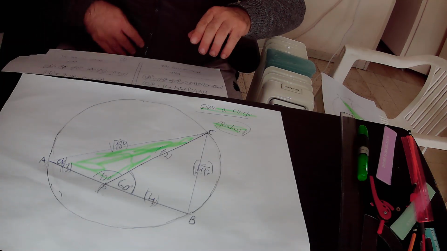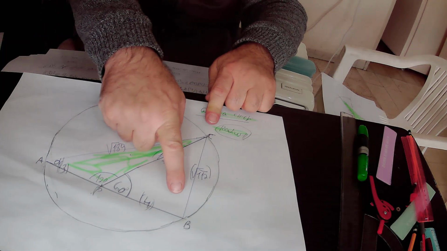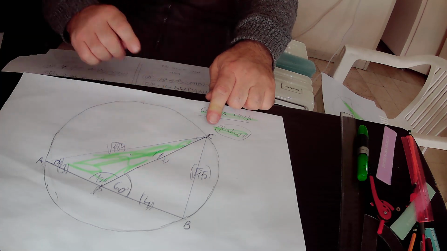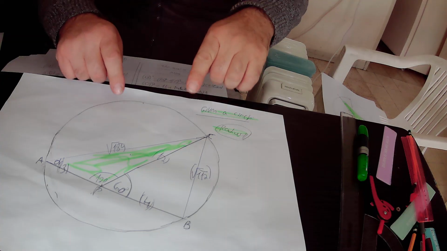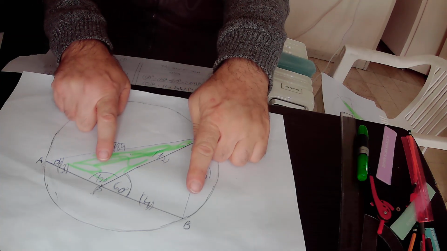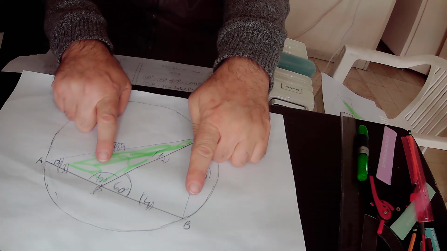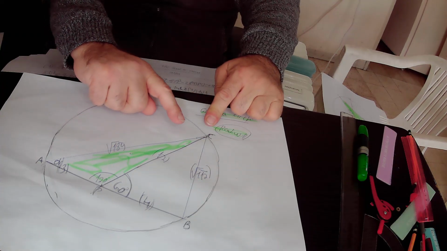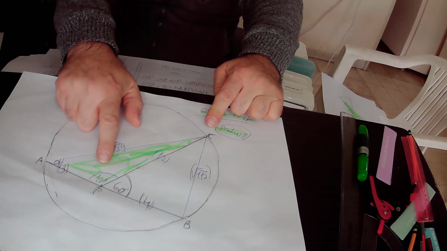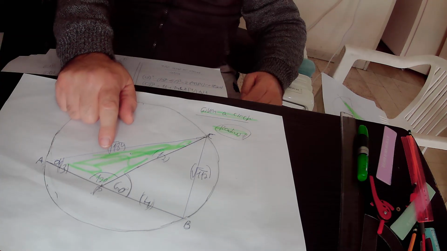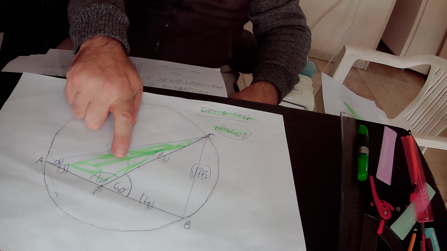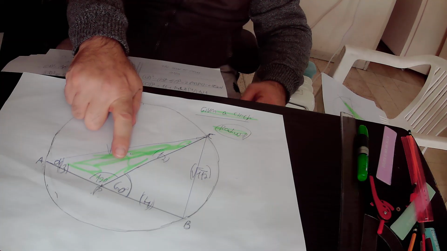CB is the missing side, so CB squared equals PB squared. PB is 4, therefore PB squared is 4 squared, that is 16, plus CP squared. CP is 12, therefore CP squared is 12 squared, that is 144, minus 2 times 4 times 12 times cosine 60 degrees. Cosine 60 degrees is 1 half.